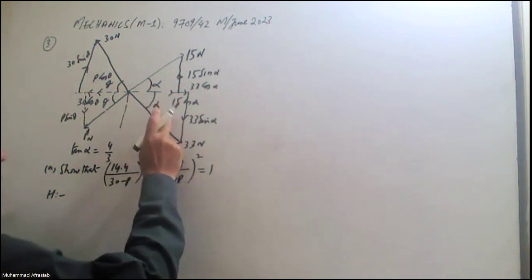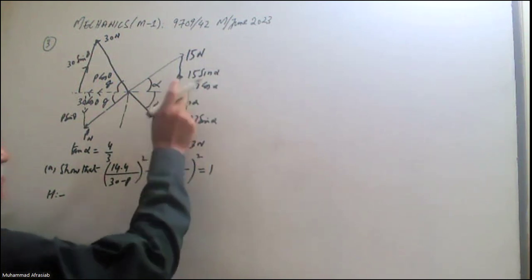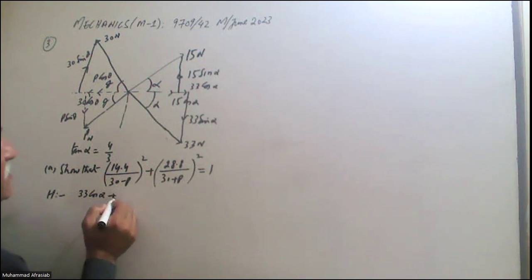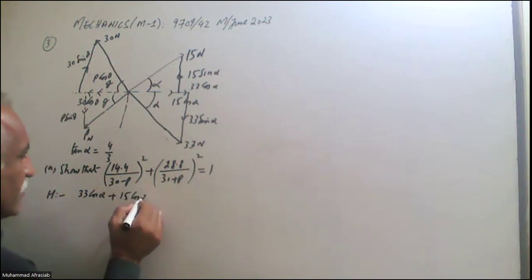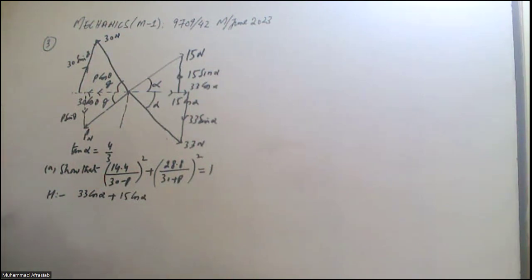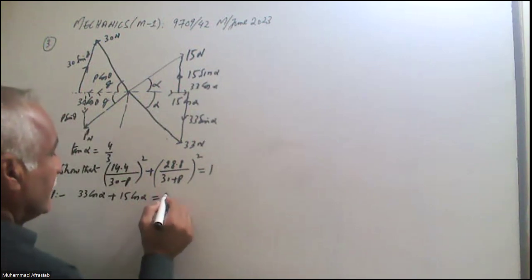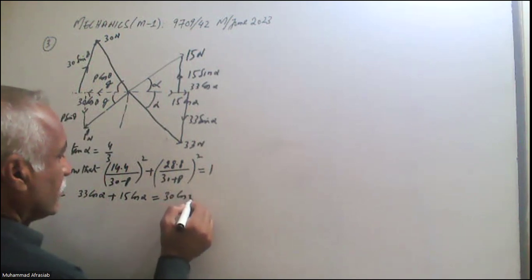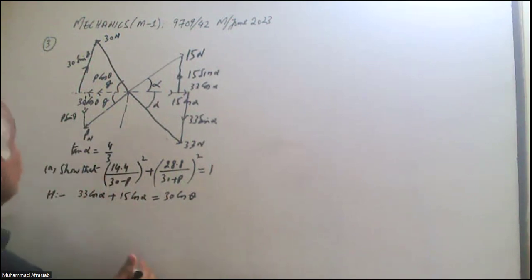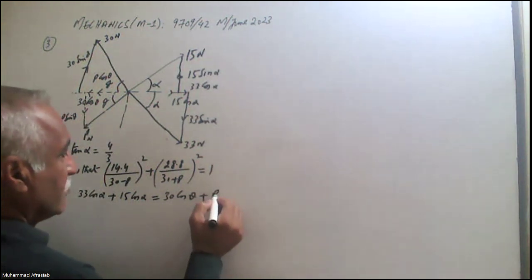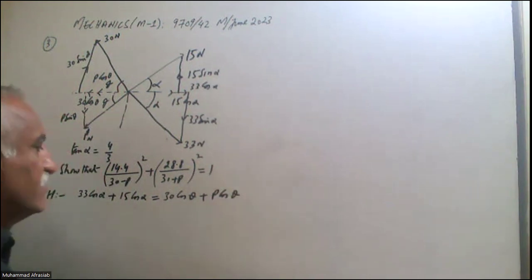So for these forces, this 33 cos of alpha is acting towards the right side and 15 cos of alpha is also acting on the right side, which is being balanced by this 30 cos of theta on the left side and this P cos of theta, which is also on the left side.